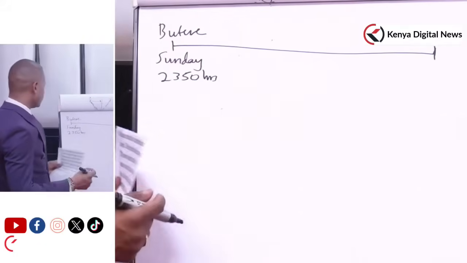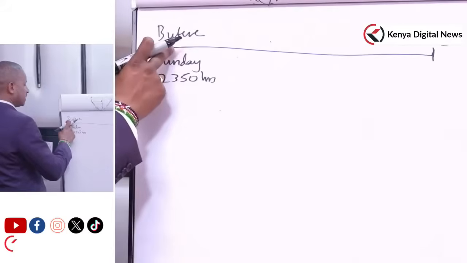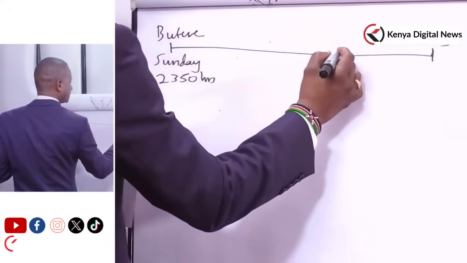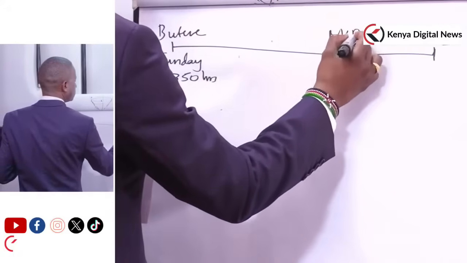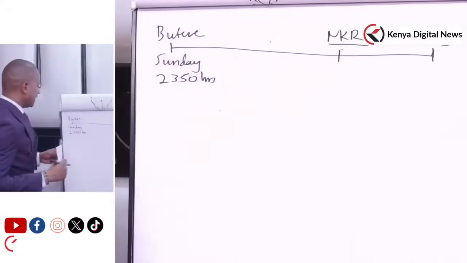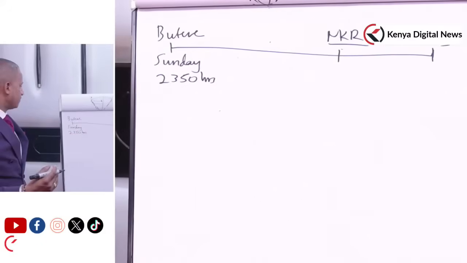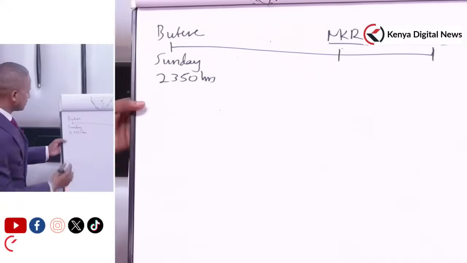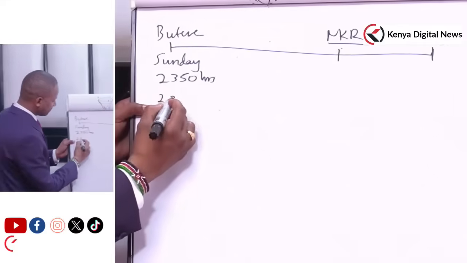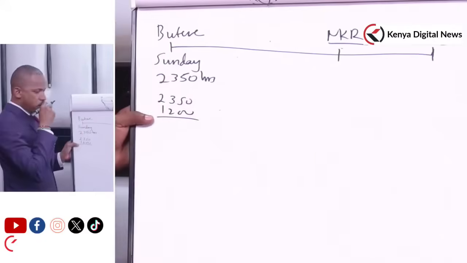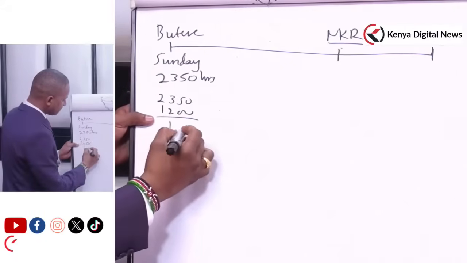So Mapesa left Butere going to Nairobi, but stopped at Nakuru. So he left at 23:50 hours. We want to know the time that he left. In 12-hour system, you subtract 12:00 from 23:50.